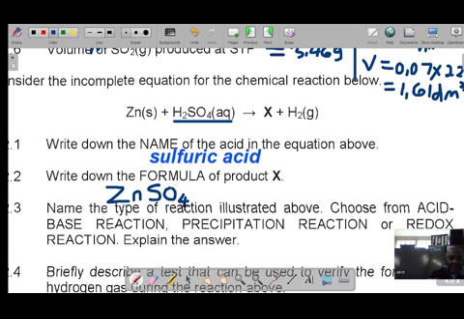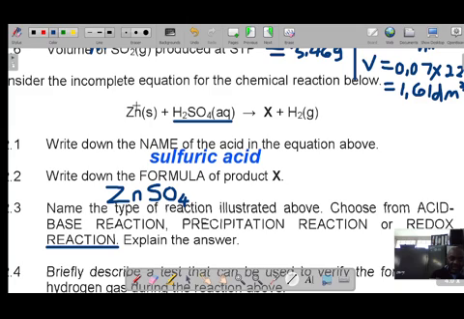Okay. Name the type of reaction illustrated above. Choose from acid base reaction, precipitation reaction, or redox reaction. So my answer is a redox reaction. Explain your answer. It's because the zinc is changing from 0 to positive 2 oxidation state.